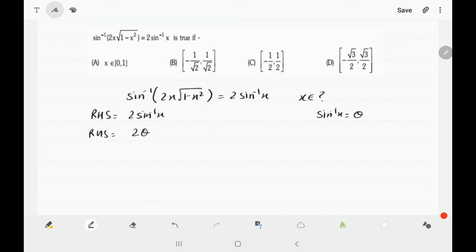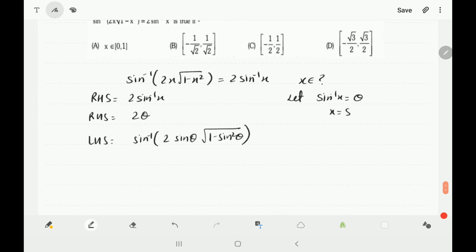Now our left hand side will be sin inverse of 2 sin theta under root of 1 minus sin square theta, because x will be equal to sin theta, provided theta lies between minus pi by 2 to pi by 2. Only then can we take sin on that side, because sin inverse x cannot have a value greater than pi by 2, as its range is the closed interval minus pi by 2 to pi by 2.